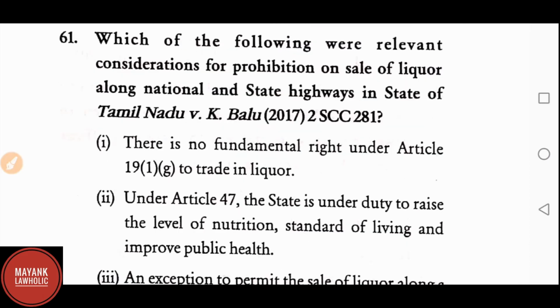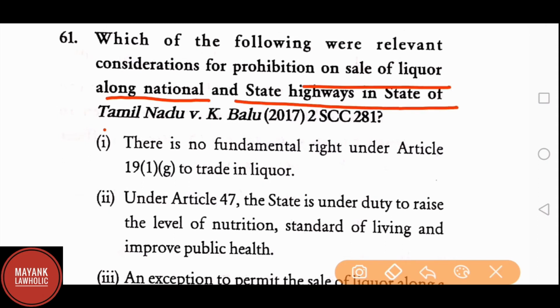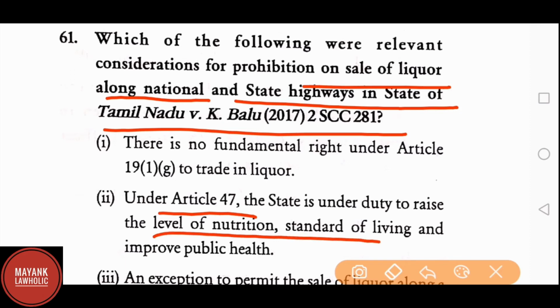Question number 61. Which of the following were relevant considerations for prohibition of sale of liquor along national and state highways in State of Tamil Nadu versus K. Balu 2017? 1. There is no fundamental right under Article 19(1)(g) to trade in liquor. 2. Under Article 47, the state is under a duty to raise the level of nutrition, standard of living and improve public health. 3.